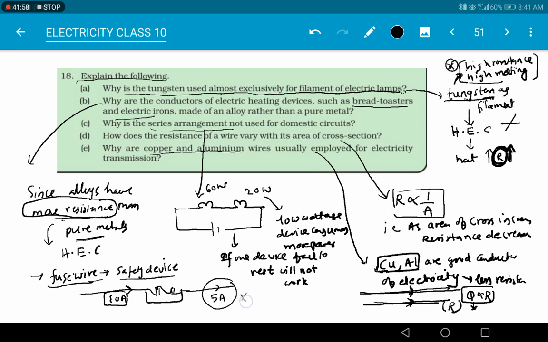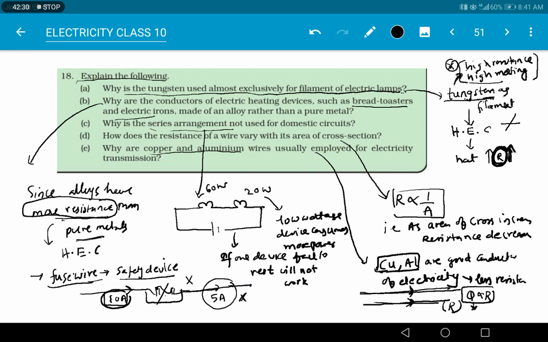Whatever devices we are connecting, it may be a TV or refrigerator, any item is going to be damaged beyond this current. So to avoid this damage, we are using this fuse wire. Once 10 amperes of current enters the fuse, it will immediately melt and break. If it breaks, no excess current passes, and the current stops entering the house.